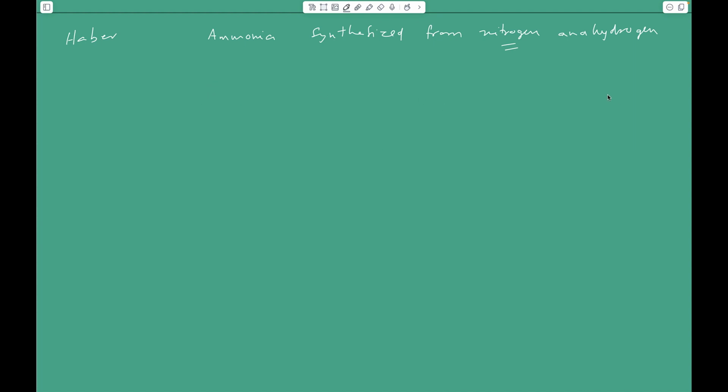Now, how do you write a chemical equation for this? Simple. Identify what the reactants are and what the product is. Here the reactants are nitrogen and hydrogen, and nitrogen is represented by its molecular formula N2, and hydrogen is represented by its molecular formula H2, and ammonia has the molecular formula NH3.